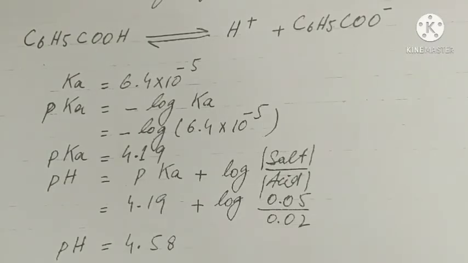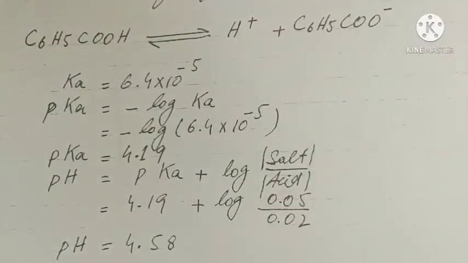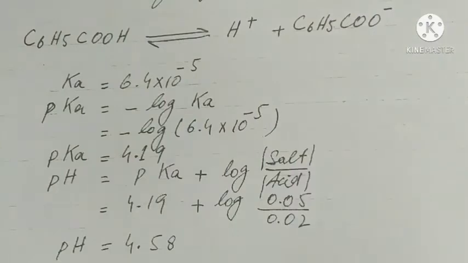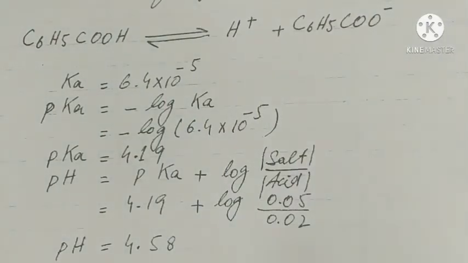The value of pKa is 4.19, log concentration of salt is 0.05, and that of acid is 0.02. Then by solving this, answer is 4.58. The pH of benzoic acid solution is 4.58.